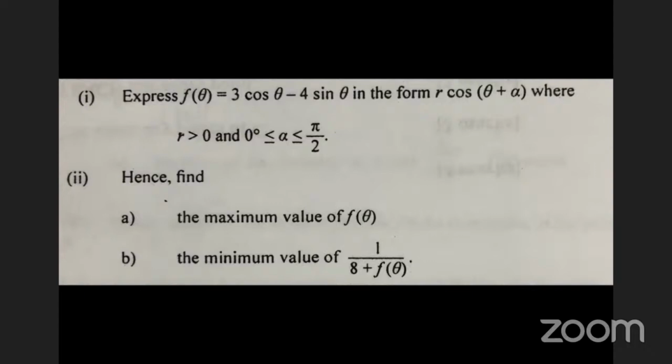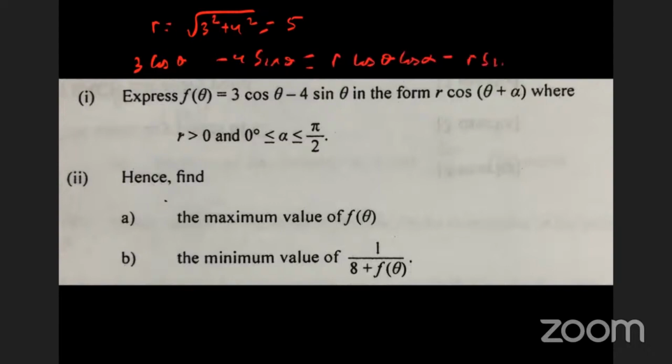f of theta is equal to 3 cos theta minus 4 sine theta, and they told you the form. So R is the square root of 3 squared plus 4 squared, which is 5. When you compare 3 cos theta minus 4 sine theta to R cos theta cos alpha, you'll end up with R cos alpha being equal to 3.